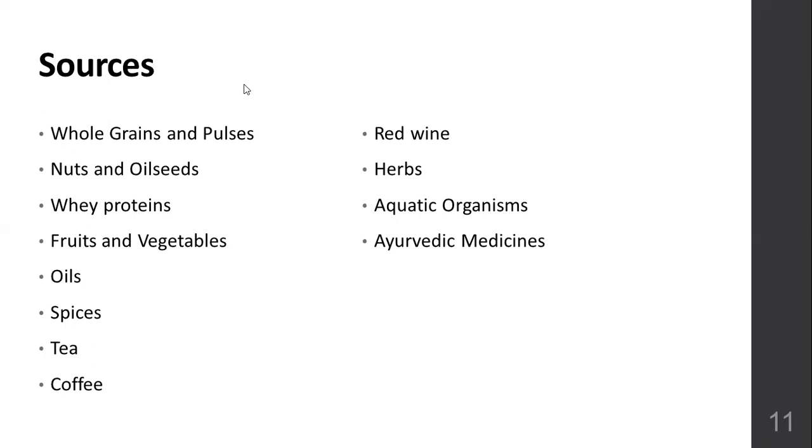Nuts and oil seeds. Those who have the textbook, which nuts or dry fruits do you think has the highest amount of antioxidant? Those who have the textbooks with them, table figure 24F. Which is the dry fruit or nut that has the highest value of antioxidant?